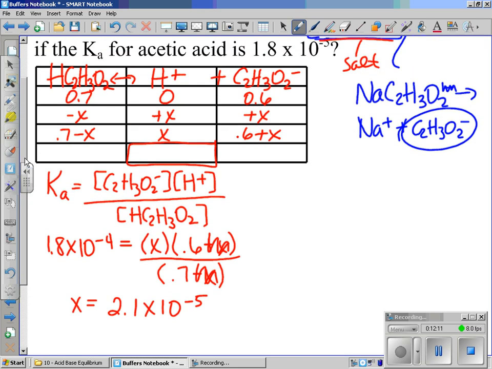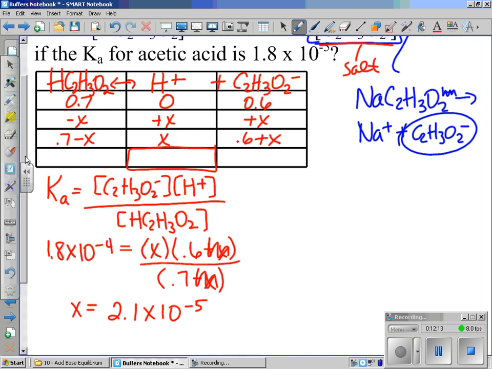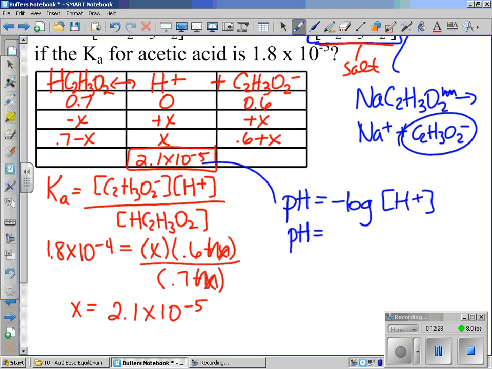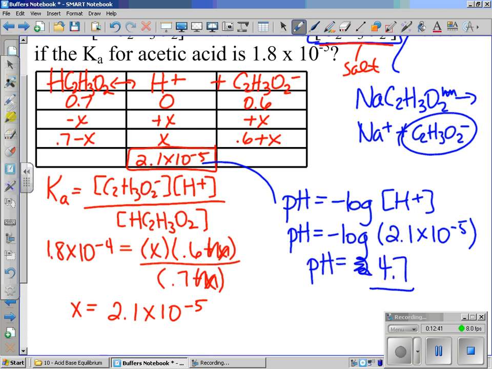So we come back up here, and we end up with 2.1 times 10 to the negative fifth for H plus. So now I can solve for the pH. The pH equals the negative log of H plus. So my pH is equal to the negative log of 2.1 times 10 to the negative fifth. We want 2 sig figs, so the pH comes out to be 4.7.